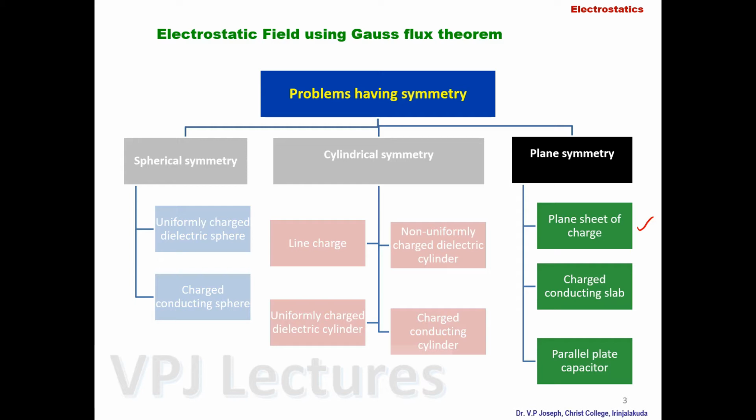Then another example is that of a charged conducting slab, a conductor with a specific thickness, and as an extension of this conducting slab, we will find out the electric field near a conductor of any shape. Then as the last case, we will discuss the electric field inside and outside a parallel plate capacitor.